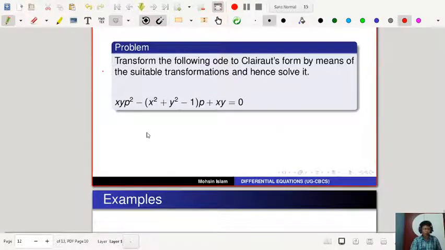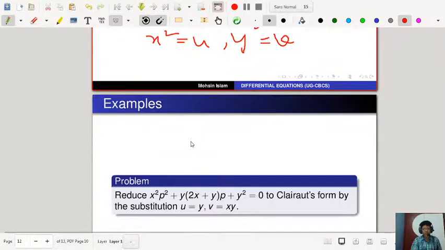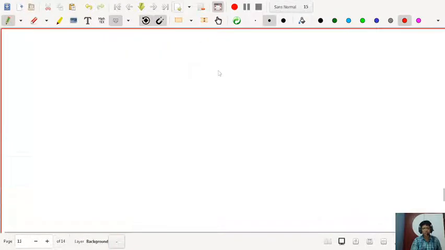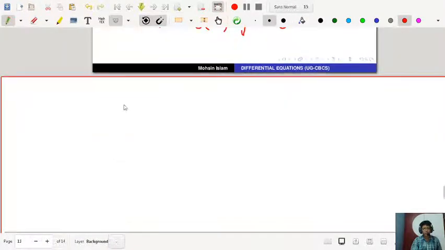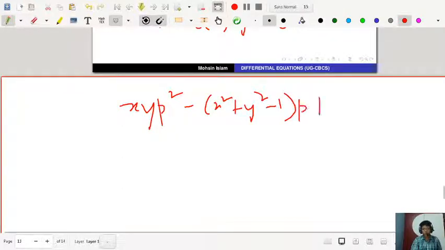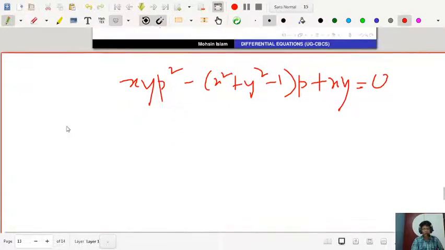Let me substitute x square equal to u and y square equal to v. Okay, then the given differential equation. Let me write once again the equation: xy p square minus x square plus y square minus 1 into p plus xy equal to 0. Okay, this is the equation. Now x square is equal to u and y square equal to v.